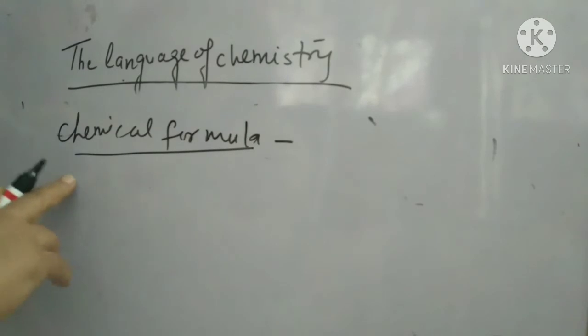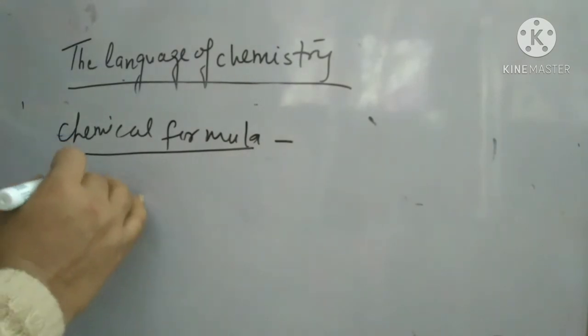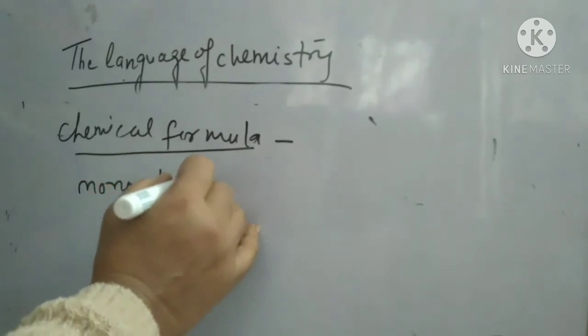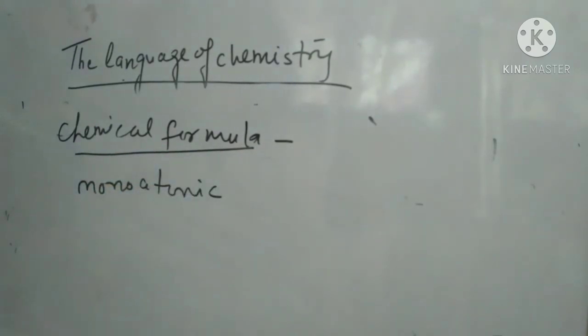Now, an element is said to be monoatomic when it exists as a single atom and is represented by a single symbol of that element.